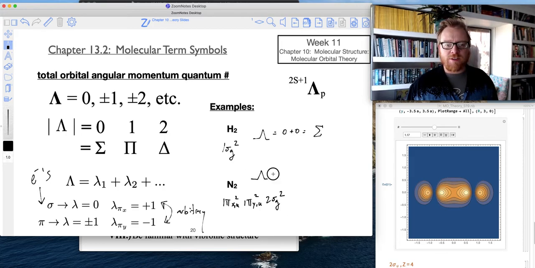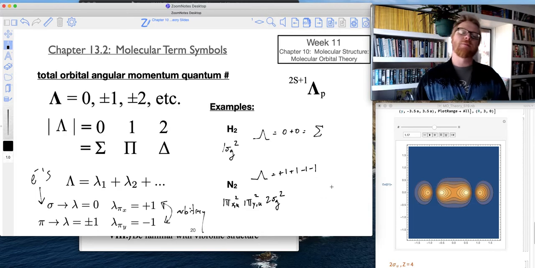Now I'm going to do all 6 of these electrons for my lambda. It doesn't matter if we pick plus 1 or minus 1 as long as we're consistent. I'm going to pick plus 1 for the x, so that's plus 1 and plus 1 because I've got 2 electrons in that 1πxu. Now I've got 2 electrons in the 1πyu, so that's a minus 1 and a minus 1.